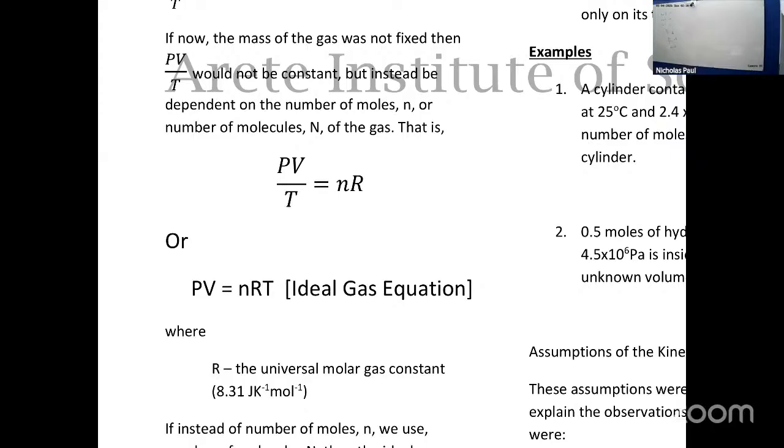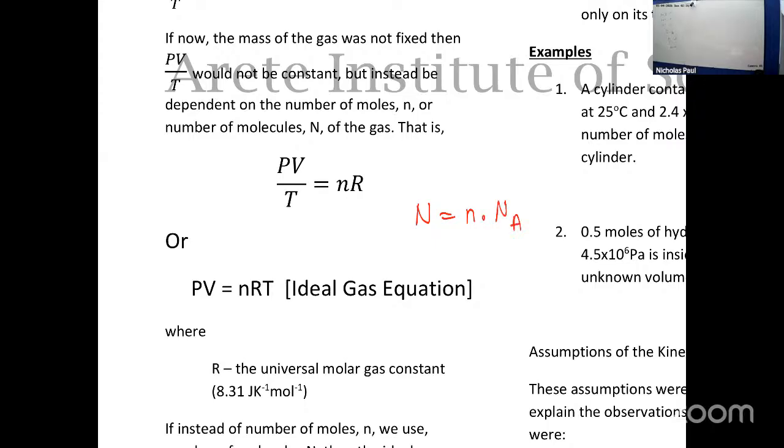While you're writing, does anybody remember how to go from number of moles to number of particles? How do you go from moles to number of molecules? Multiply. Right. So to get the number of particles, let's call it capital N, you take the number of moles and multiply by the Avogadro constant.